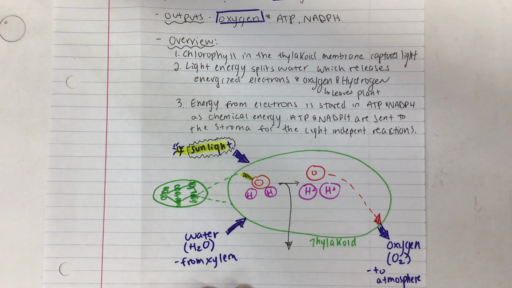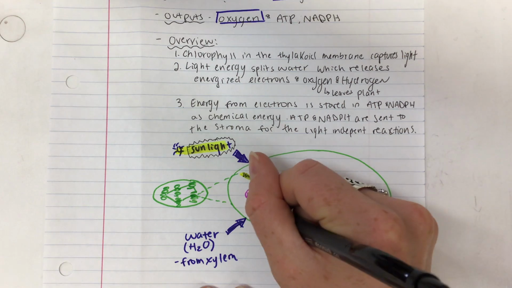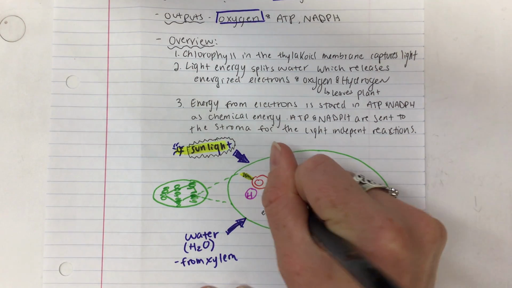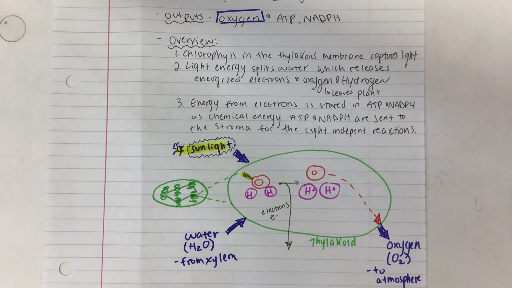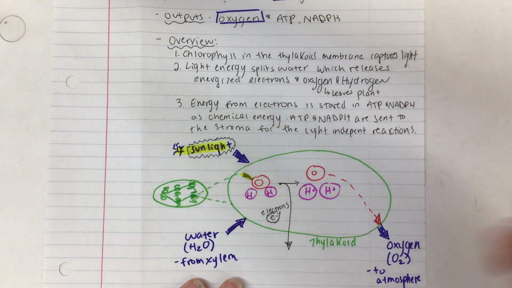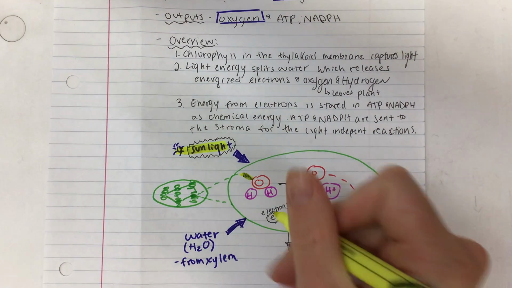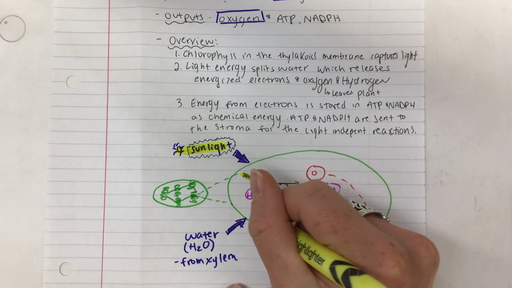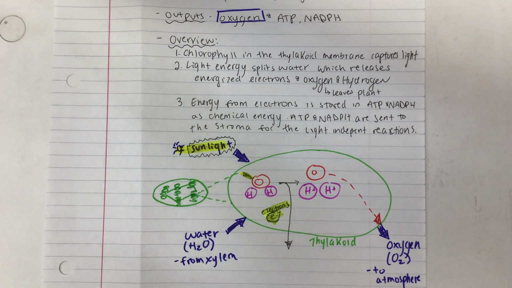And I'm going to add in a little electrons. You'll see electrons symboled as E-, and you can do your little energy symbol here or highlight. I'll do both for you, because these electrons carry the sun's energy. And these electrons, they're nice and energized now. And where do they go?